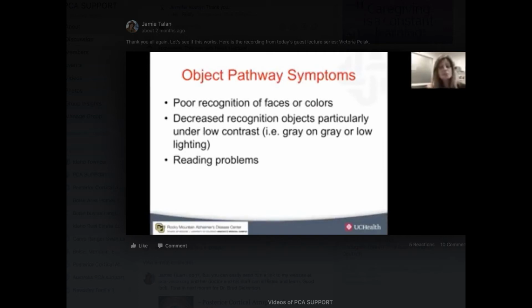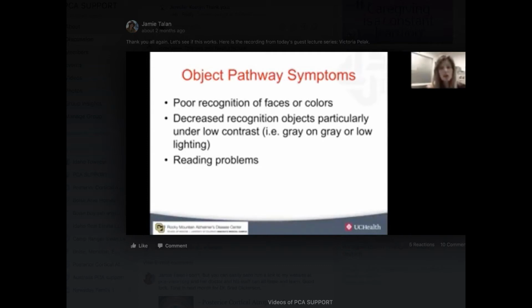And then decreased recognition of objects, again, less common to have object pathway involvement, but some people it may be very prominent. And this is particularly true under low contrast. So let's say you're looking at something in low lighting, or the image or object that you're looking at is gray and the background is gray. It may be very difficult for you to understand the features.